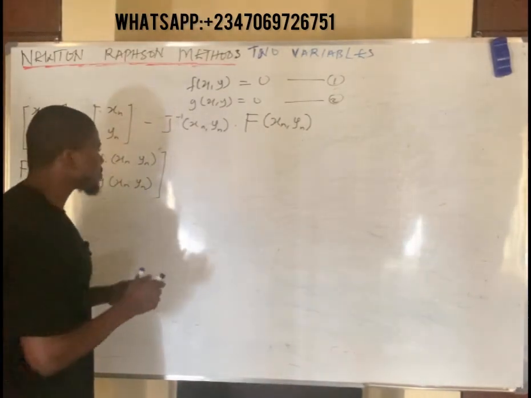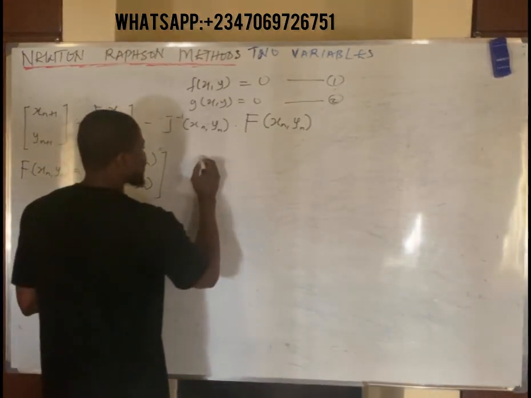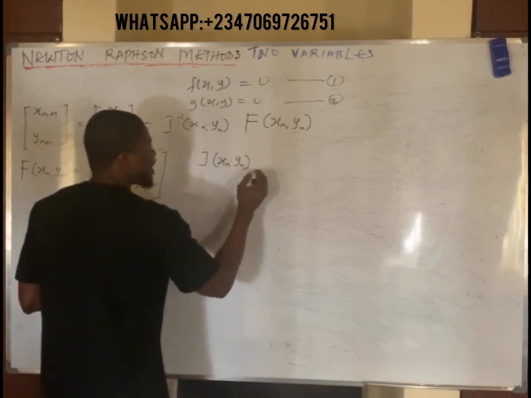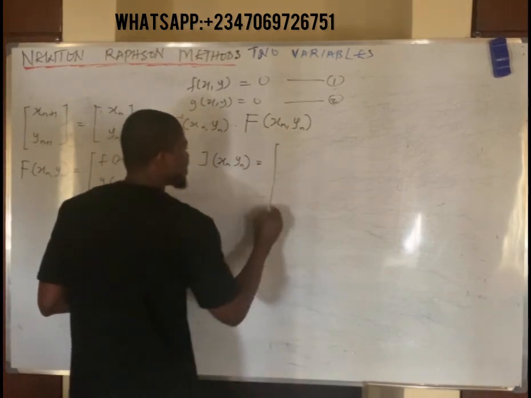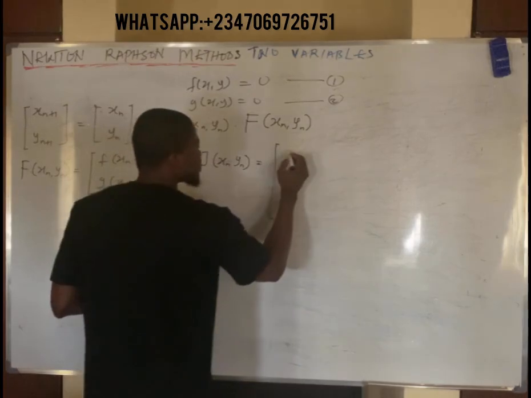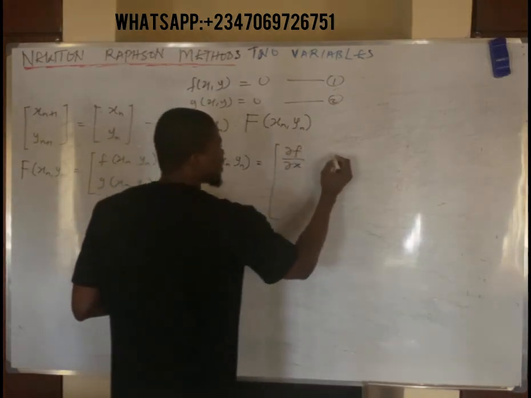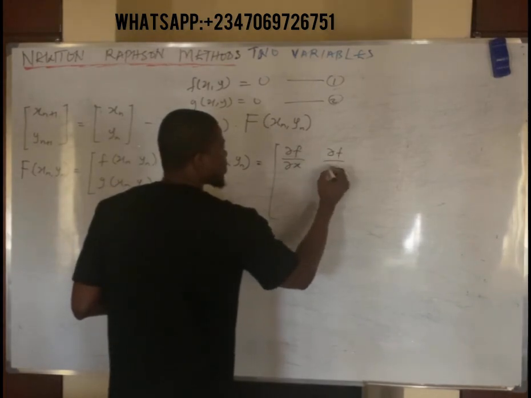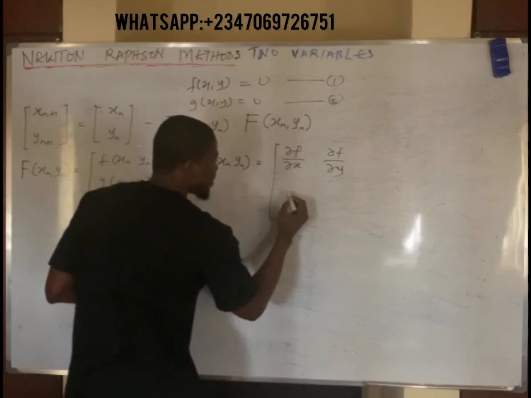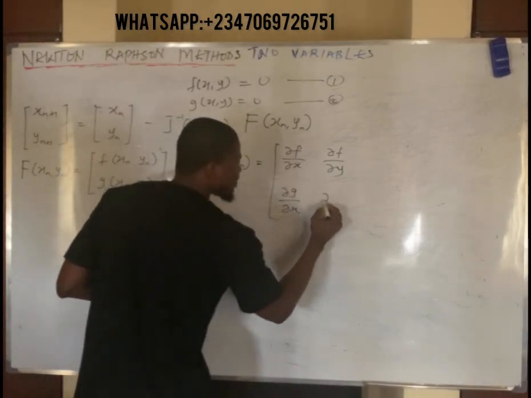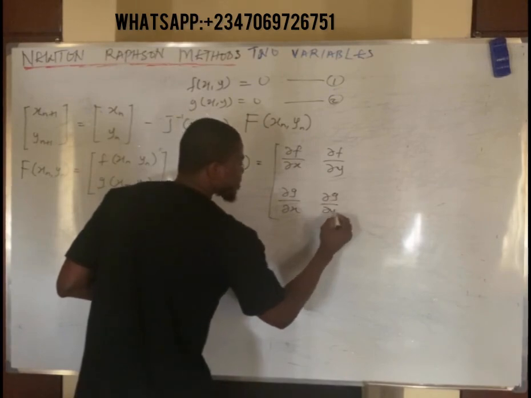So we need to first of all find the Jacobian of the function, Jacobian of xn yn, and that is simply given as a matrix of partial derivatives. So you have partial f over partial x, partial f over partial y, then partial g over partial x, partial g over partial y.